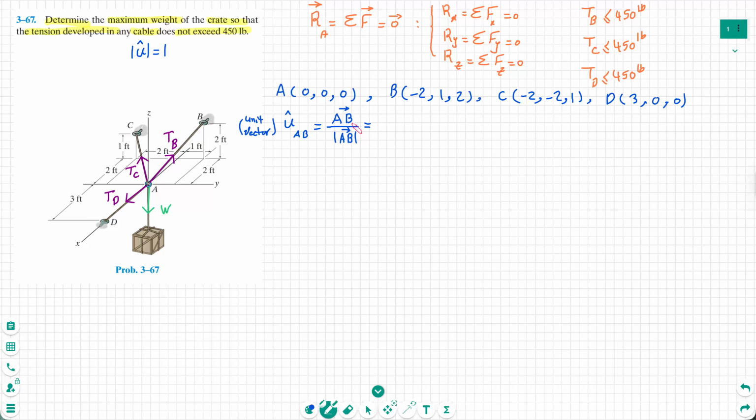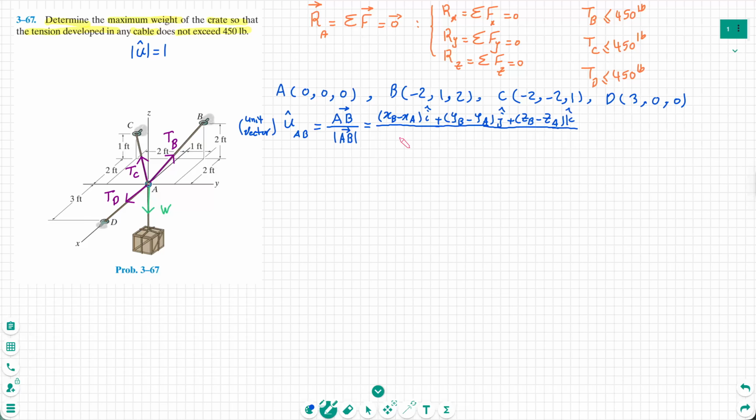For AB, you have to write xb minus xa multiplied by i hat, where i hat is the unit vector in the x direction, plus yb minus ya in the unit vector in the y direction that we call j hat, and also the unit vector in the z direction that we call k hat.